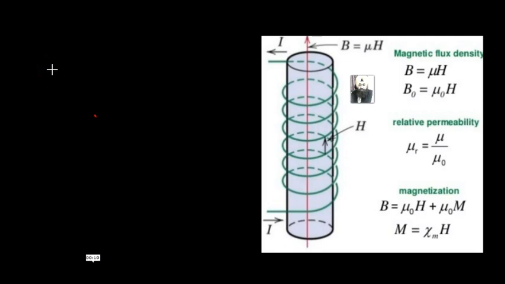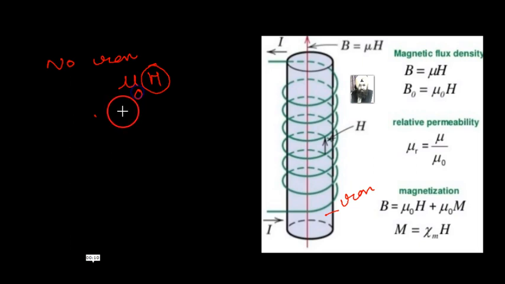Now just see, if in the coil an iron rod is inserted, what happens? When there was no iron rod, because of the coil, the field intensity is H. But if it is free space, it becomes mu naught H. Now mu naught H interacts with this iron.